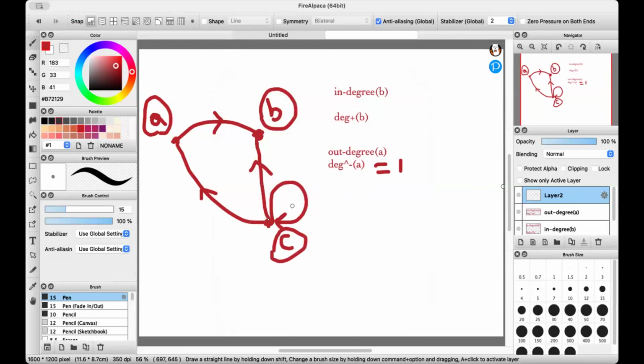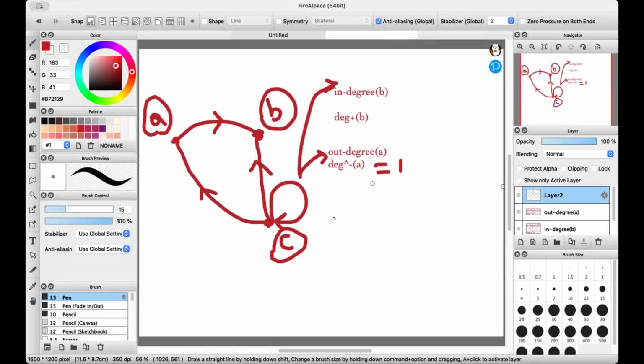And a loop contributes 1 to both. So C has a loop that goes to itself. Since C is both the terminal and the initial vertex, this loop adds 1 to its in degree, and it adds 1 to its out degree.